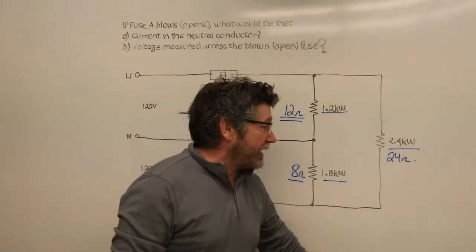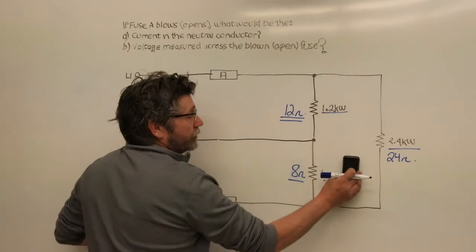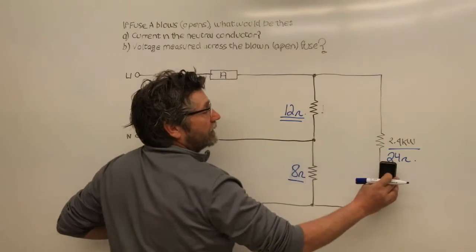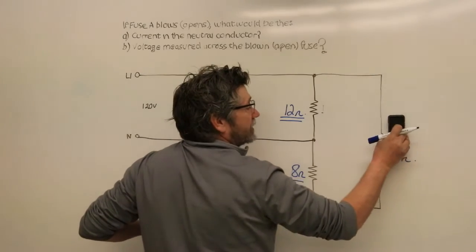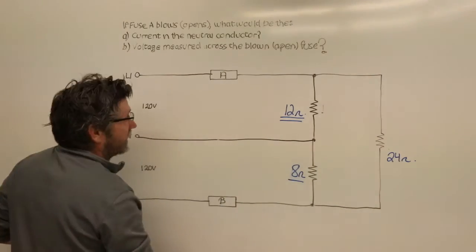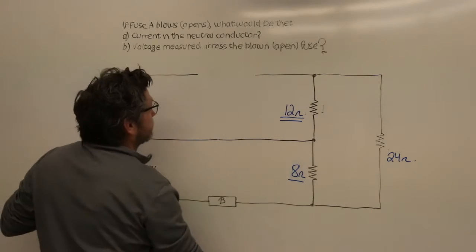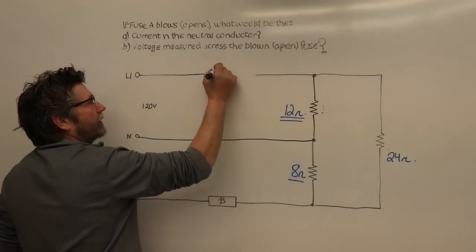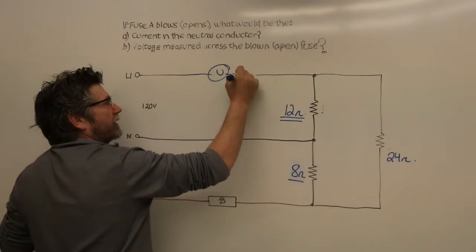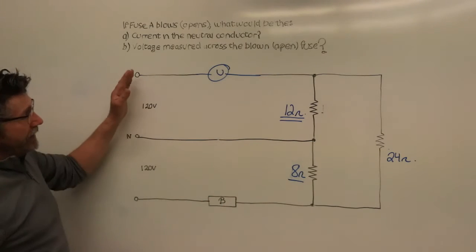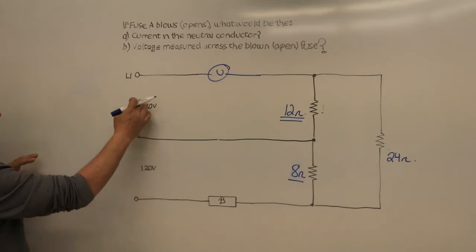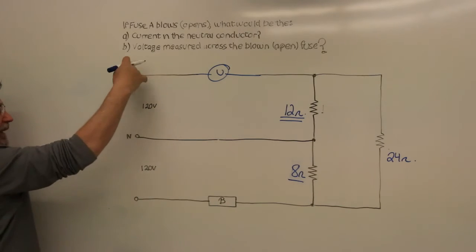So now we can erase this. These are useless numbers, cross them out. They don't mean anything any longer because I'm not giving it the voltage that it had. I'm going to erase this fuse. That's blown. I'm going to want a voltmeter across there eventually. So right here, this doesn't come into play. That's gone.